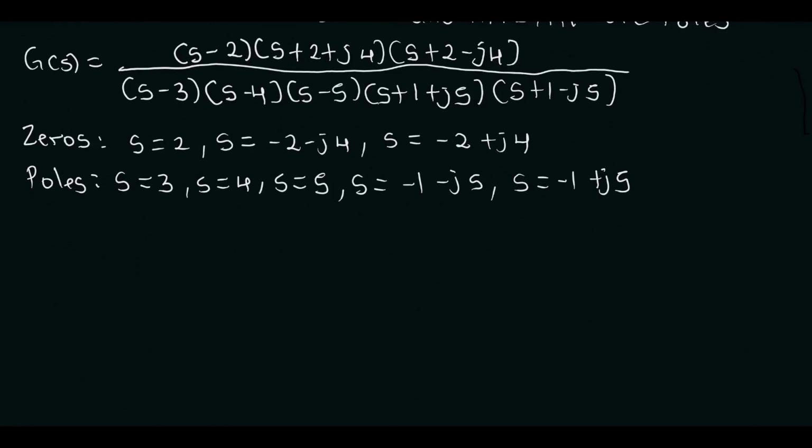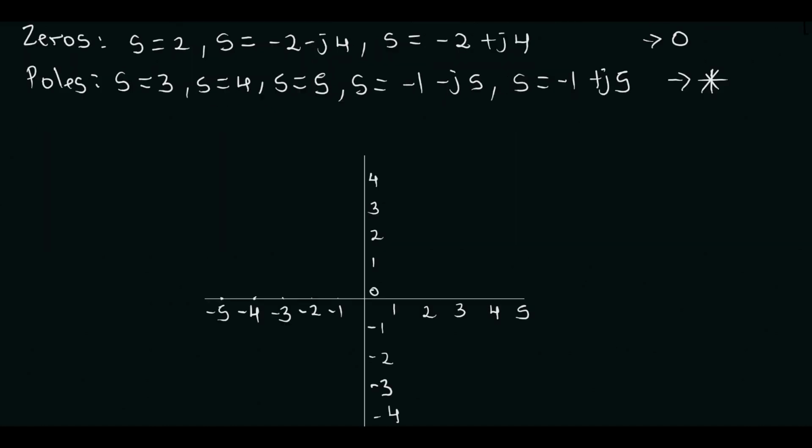So to draw the pole-zero map, your zeros are represented by this symbol, while your poles are represented by this. Let's draw the graph. To represent our zeros, we have s equals minus 2, circle this, and s equals minus 2 minus j4.